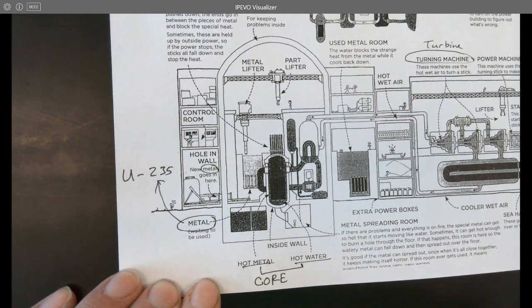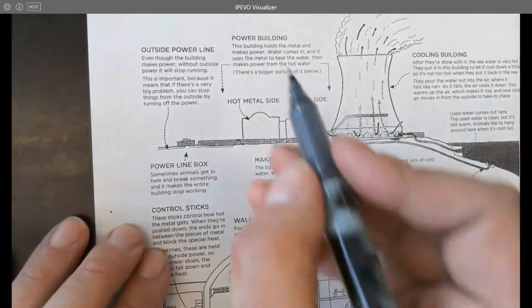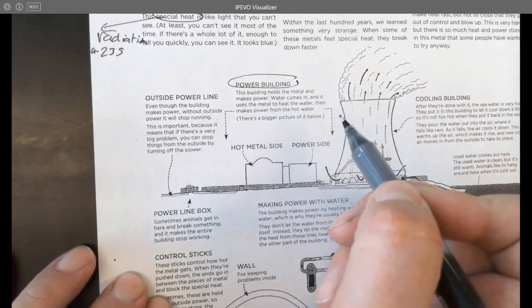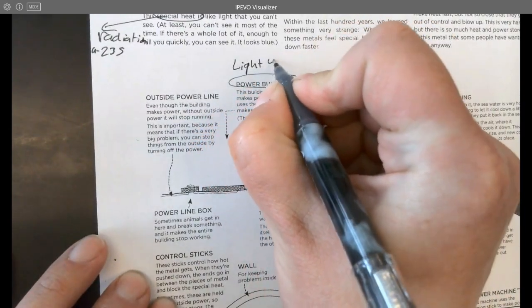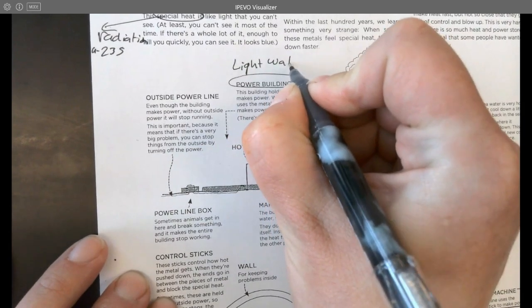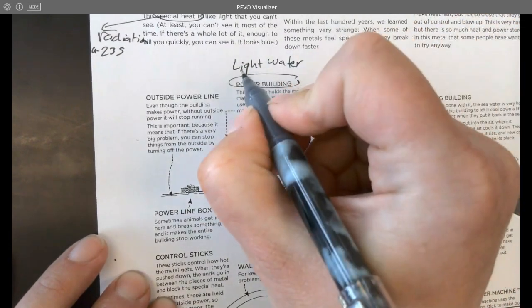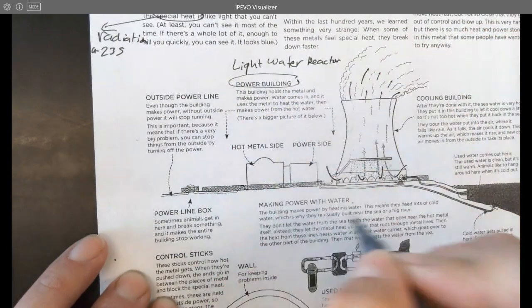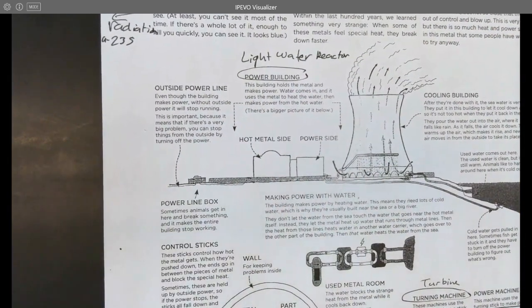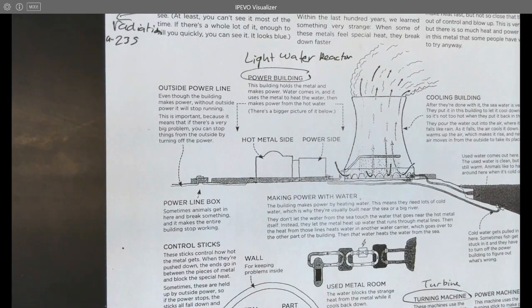Yeah, Matthew. The core is also the light water reactor. Good. So I might say this whole power building is our light water reactor. That's the type of nuclear power plant. This whole power building is called the light water reactor. Good. Okay.